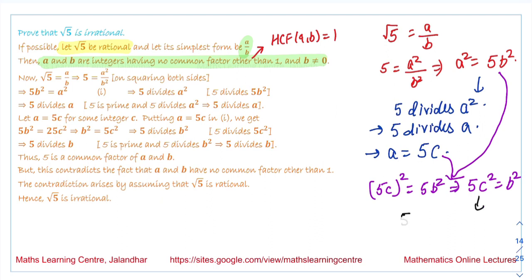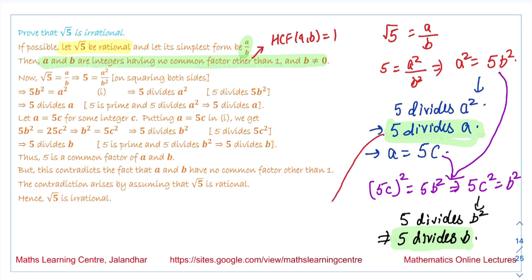This gives us 5 divides b square. This implies 5 divides b. Now we have two things: 5 divides a, and 5 divides b. It means 5 is a common factor of a and b.